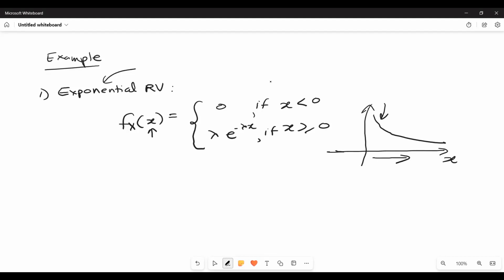There won't be any probability along the minus x values. So if you're asked to find the expectation value of x, can you find that? The expectation value of x, how can you find it?